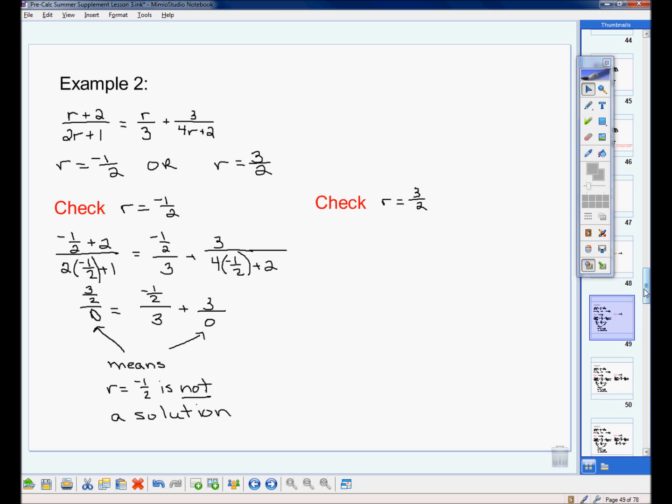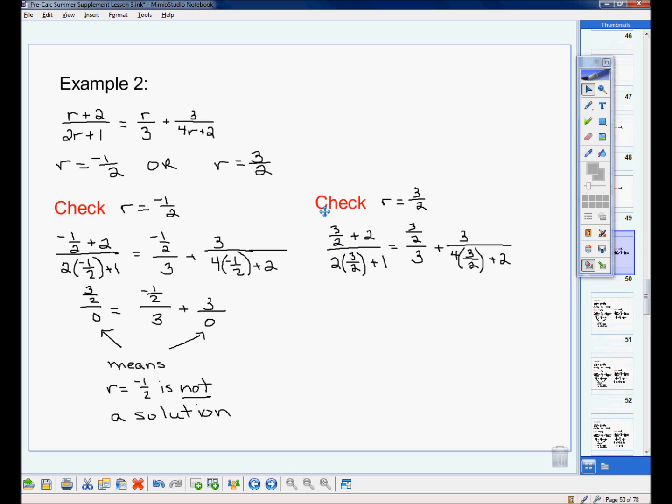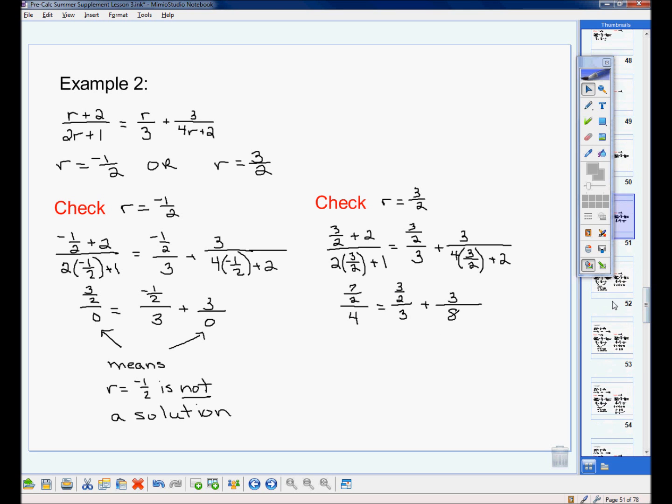And we'll go back and we'll plug in r equals 3/2. Everywhere you have an r, you have to put in 3/2. Then we begin to simplify. 3/2 and 2, do all that math. And 7/2 over 4, 3/2 over 3. Okay, at least there's no zeros. So we can keep on going with that.